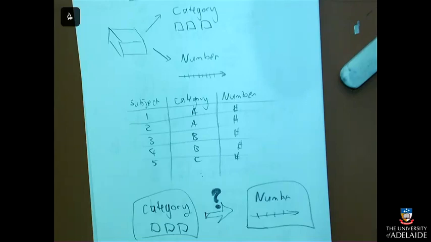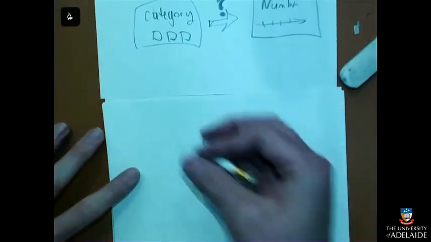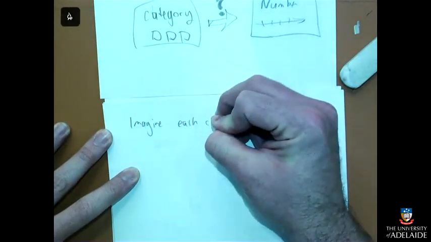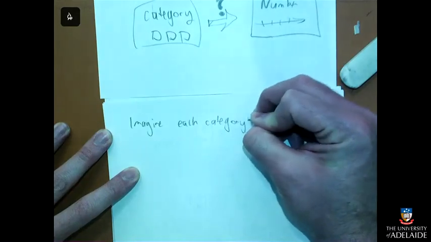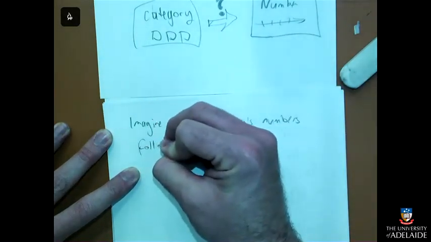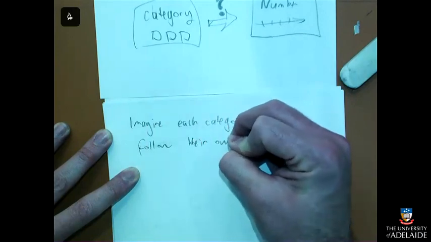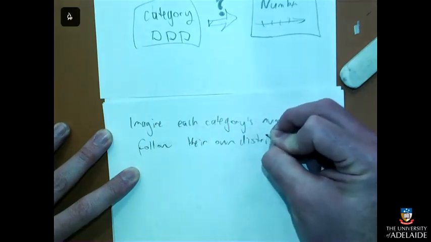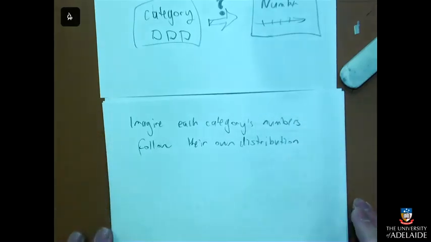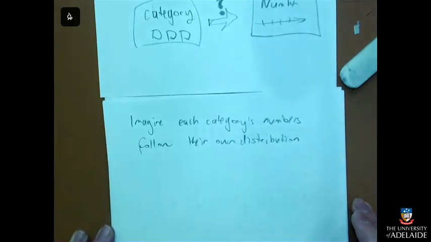Or are they not all the same? That's how we imagine ANOVA to work. So we say something like, well, we imagine each category's numbers follow their own distribution, each with its own mean.